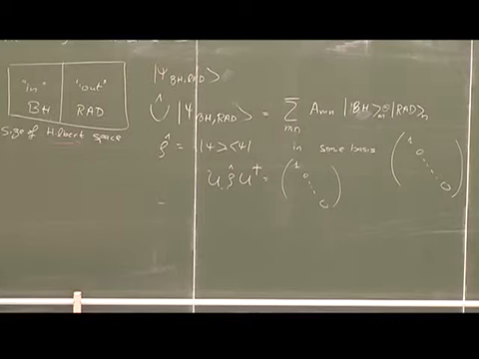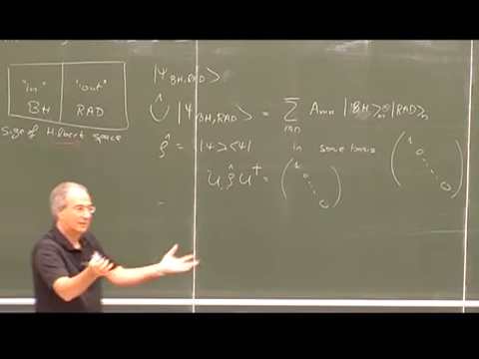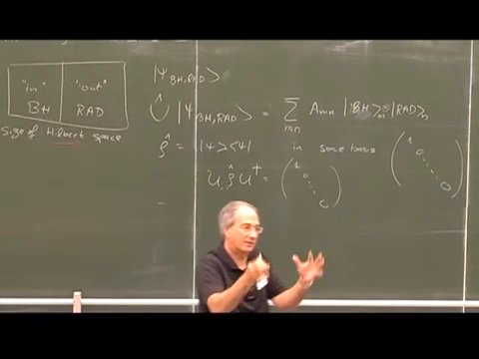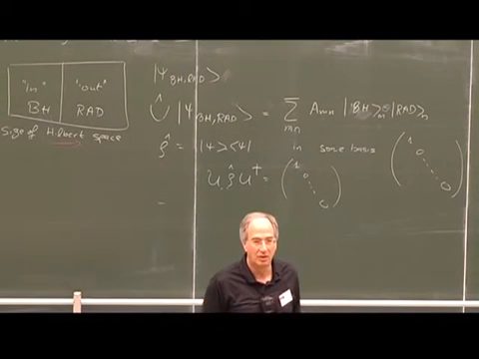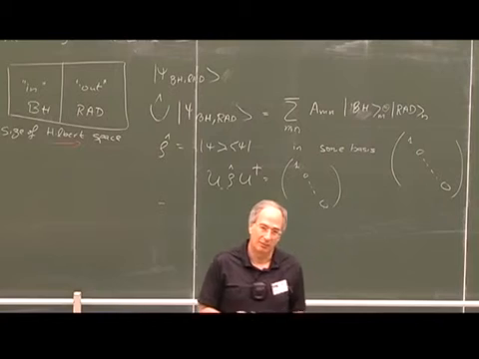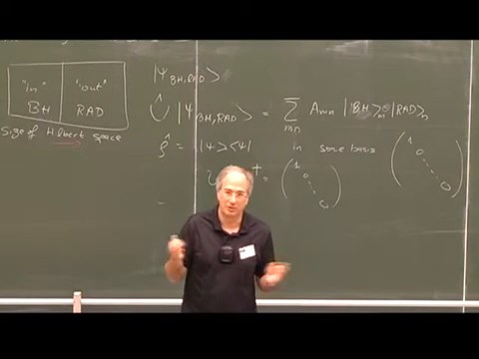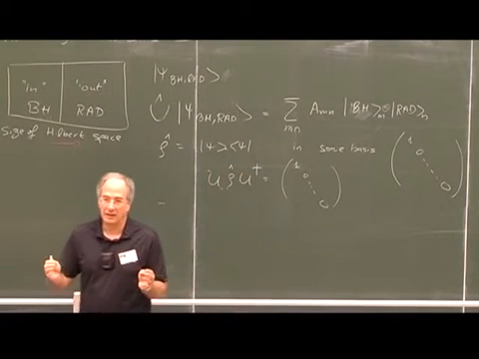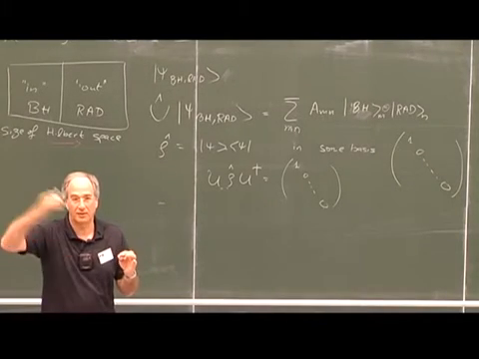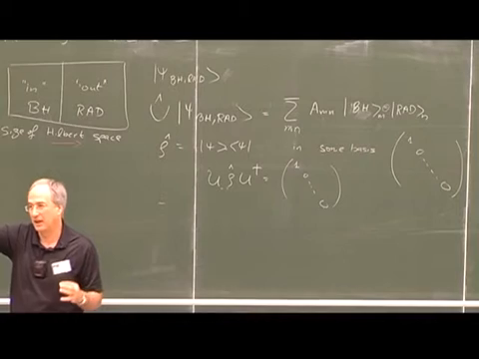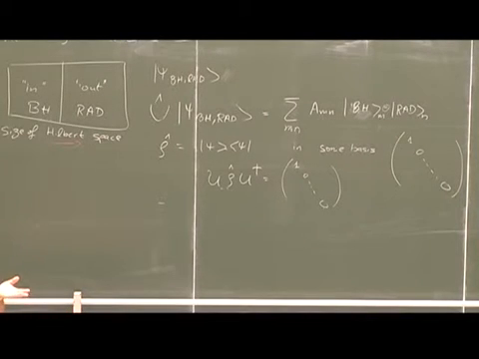Now, when the black hole evaporates, it is becoming smaller. Its entropy is decreasing. So we use that as a measure of the size of the Hilbert space. E to the entropy is the size of the Hilbert space. And more particles are radiated, so the Hilbert space of the out radiation is growing.